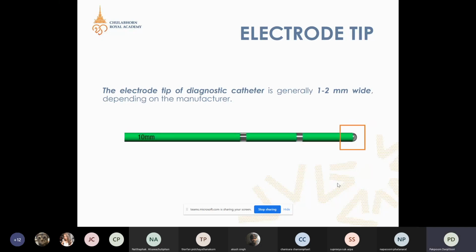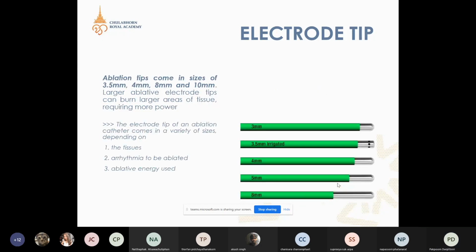The electrode tip of the diagnostic catheter is generally 1 to 2 millimeter wide, but it depends on each manufacturer. When it comes to ablation tips, they come in sizes of 3.5 millimeter, 4 millimeter, 8 millimeter, and 10 millimeter.